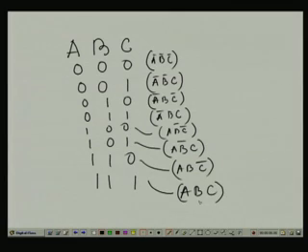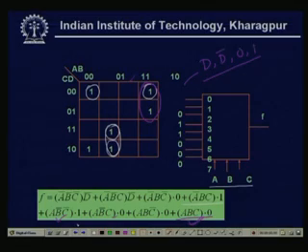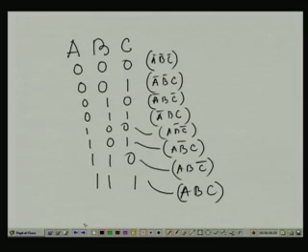Now I see which are there. For A bar B bar C bar, D bar is there, and for A bar B bar C, D bar. So, for these two it is C C bar, this is D bar. So, for this my output should be D bar, and for this my output should be D bar.